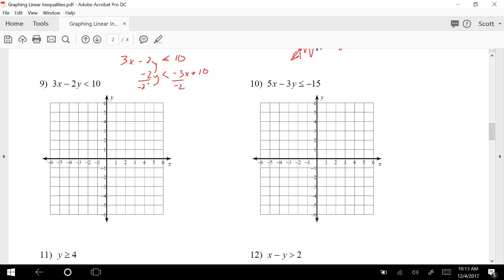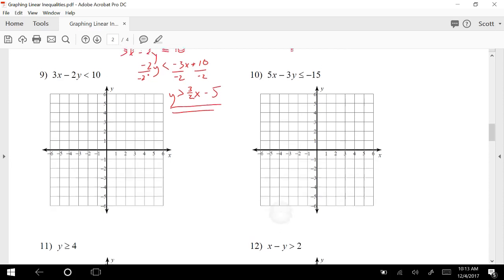Every single term. What happens when you divide by negative 2 is that the sign flips around. So, as we used to say, flip that thing. Negative 3 over negative 2 is just 3 over 2 x. And then 10 divided by 2 is negative 5. So that is our equation that we are going to graph.